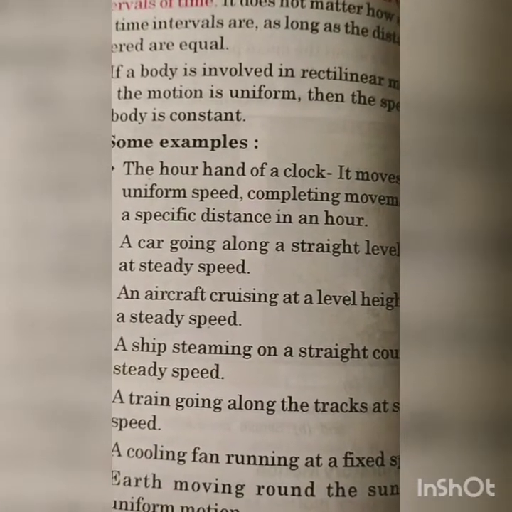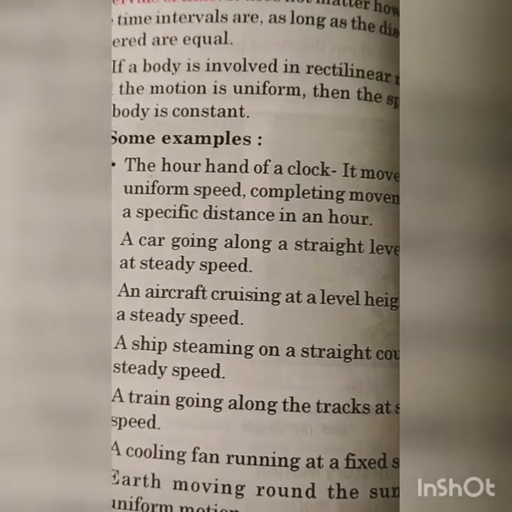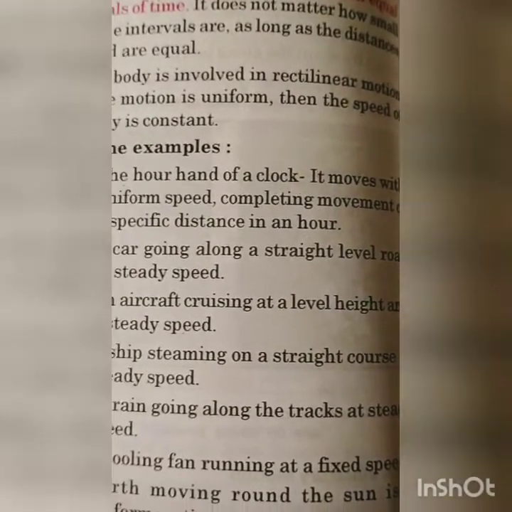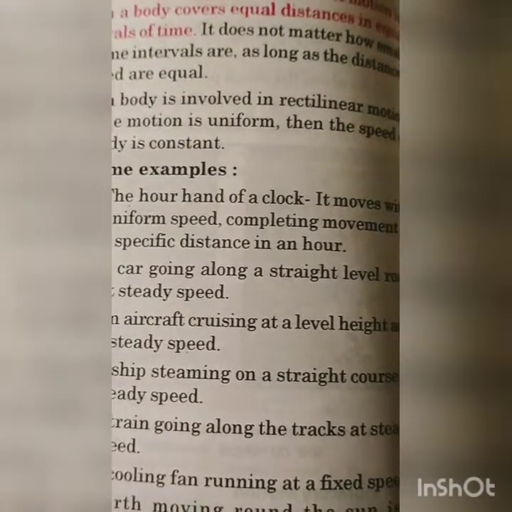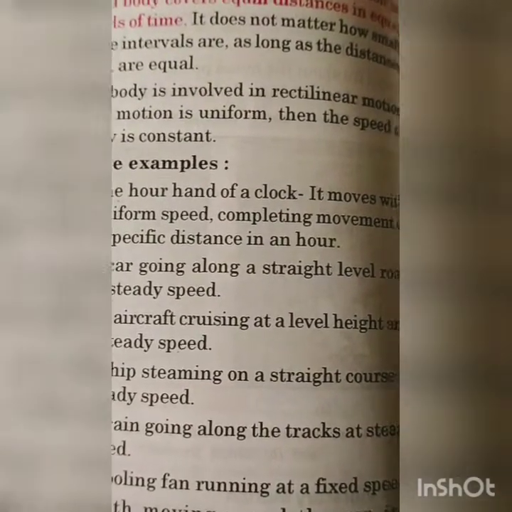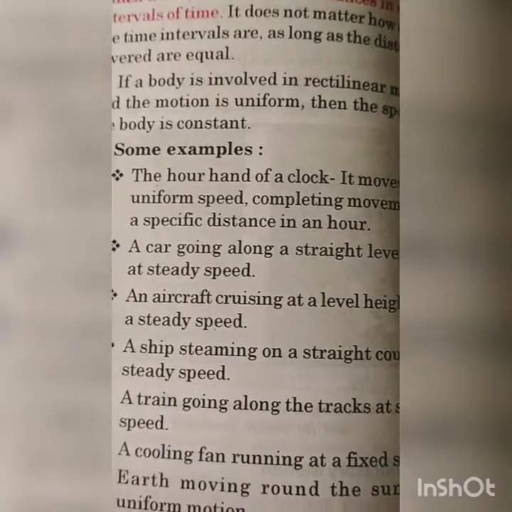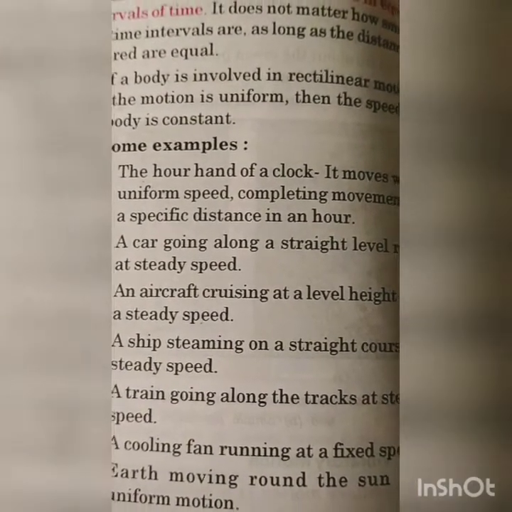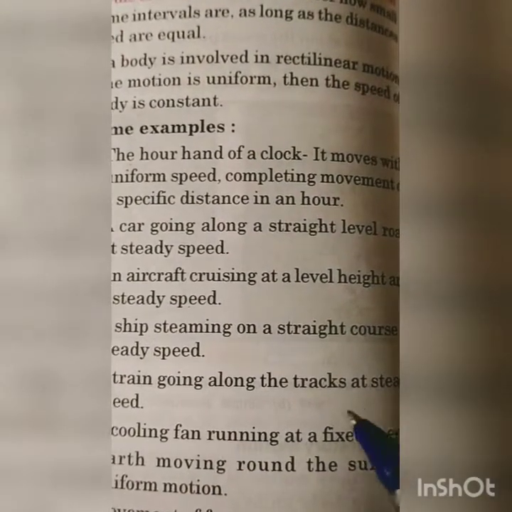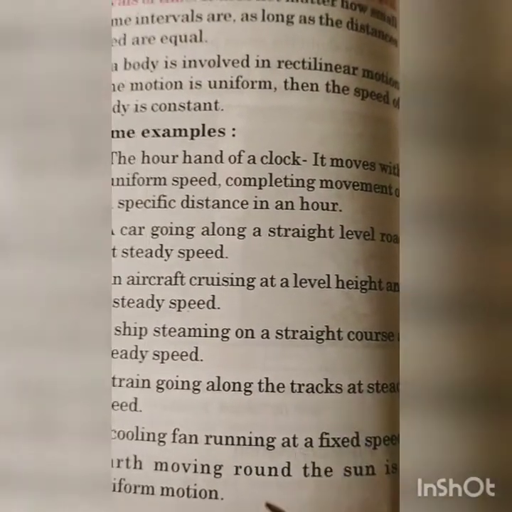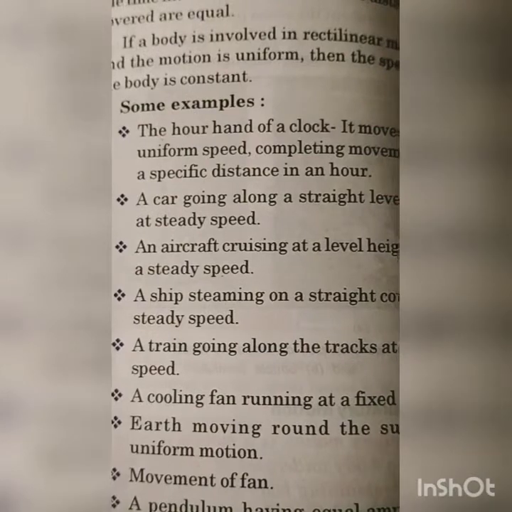Another example, aircraft or aeroplane. Usually an aeroplane moves at a steady speed, so it covers the same distance in 1 hour, so that is uniform. Or a ship or a train moving on a track at a steady speed, uniform motion.